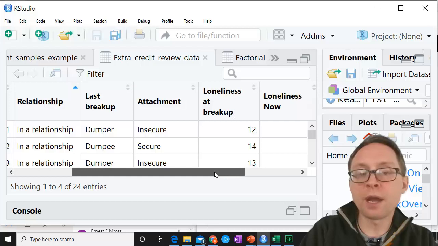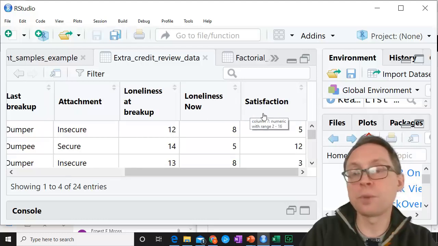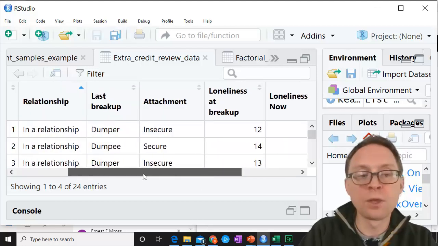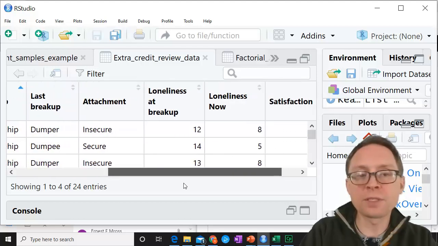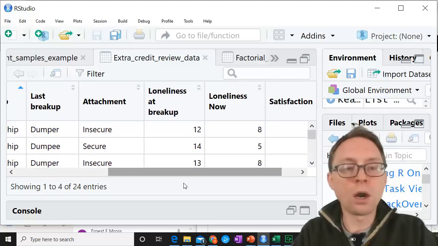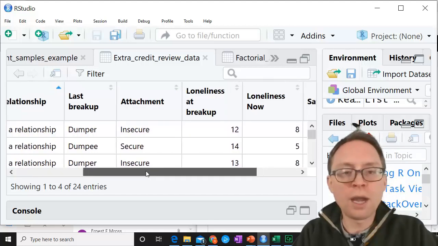Higher scores mean higher loneliness. Loneliness now, which is higher score, higher loneliness, and satisfaction level, higher scores mean higher satisfaction. These are continuous variables.